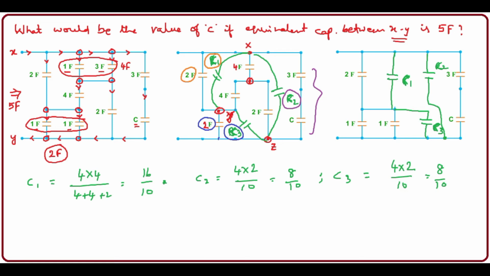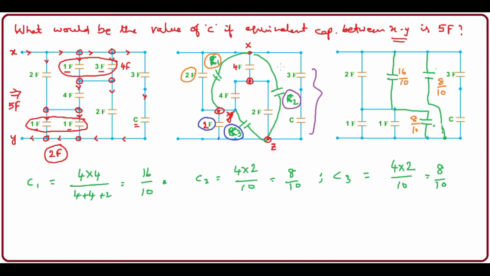So let me remove these things and write the values directly. The values are 16 by 10 for C1, and for C2 it is 8 by 10, this is also 8 by 10.